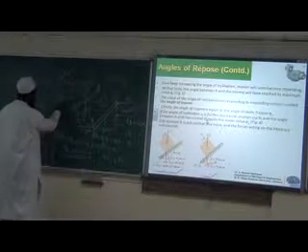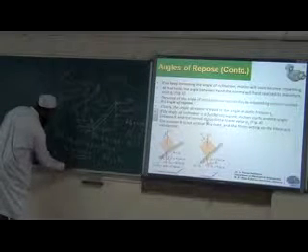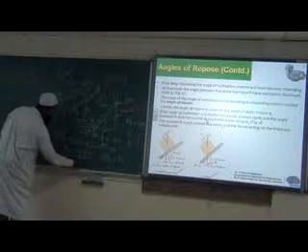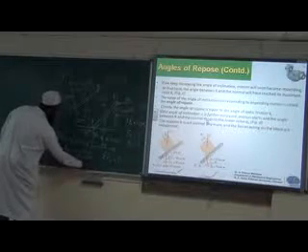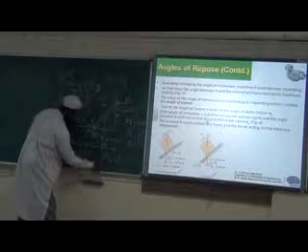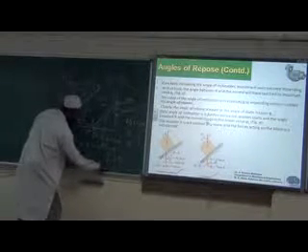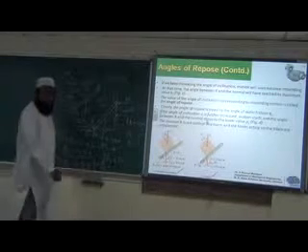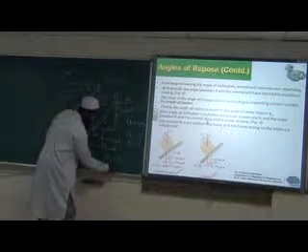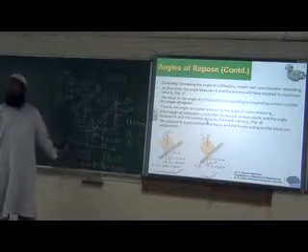Using FF we can find out mu. FF equals mu S times NF, so we can find mu as FF by NF, which will be 0.67. So I got mu also.